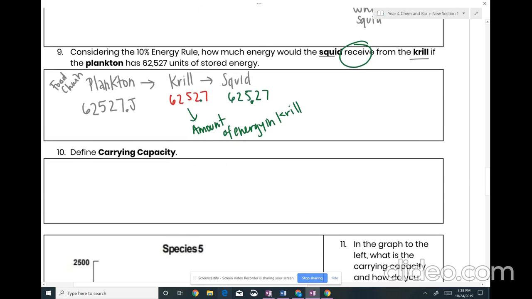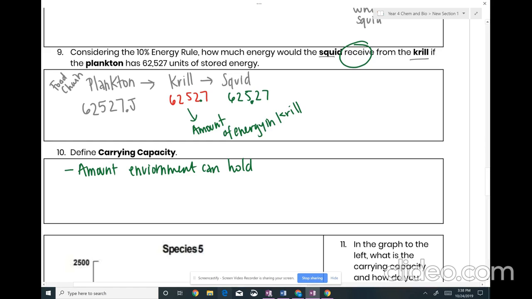Okay, next thing, carrying capacity. So carrying capacity is super important. It is the amount that the environment can hold. What I mean by this is that in every ecosystem, no matter where you are, there's always a max amount of animals that you can hold. So your carrying capacity is the absolute max before your species starts to die drastically.